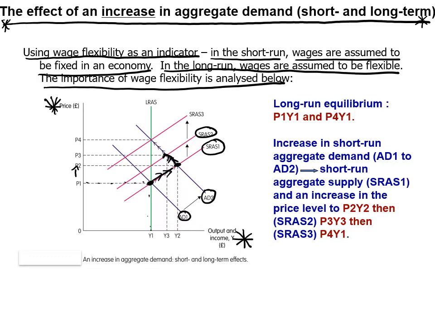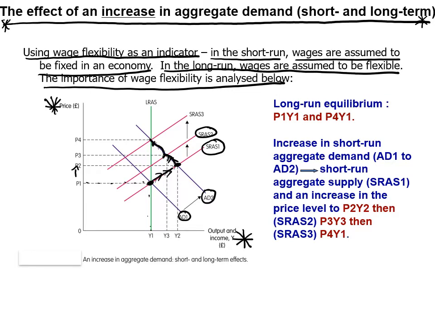However, in the long run, what's going to happen? Employees are going to look around and say, hey, my cost of production has gone up, okay? So wages would compensate exactly for prices, okay? So this will mean we are going to shift our supply back to what it was at the original contracts.